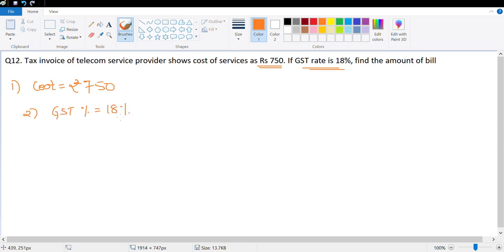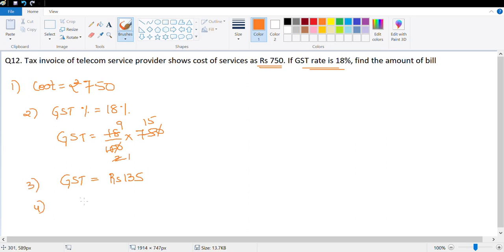So the value of GST is equal to 18% of the cost, in this case 750. This is 5 into 2, 5 into 15, 2 into 1, 2 into 9, that's 15 into 9, that's 90 and 45, but this is rupees 135. So the GST value is rupees 135.